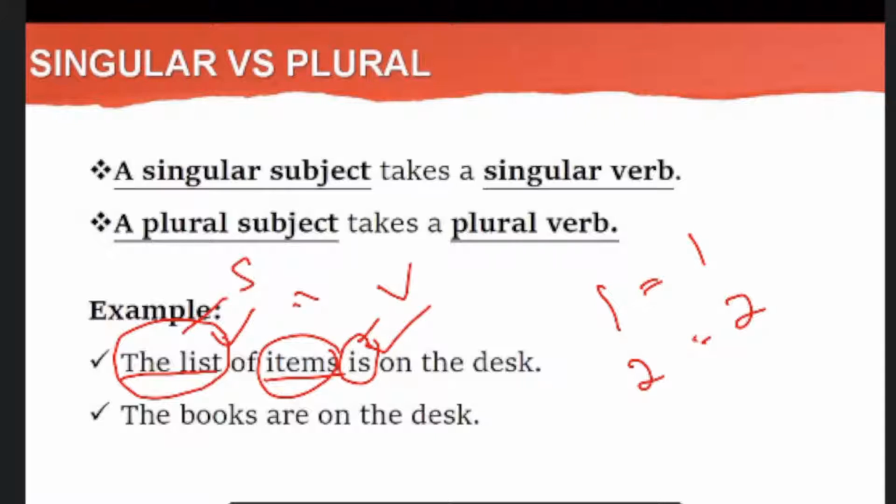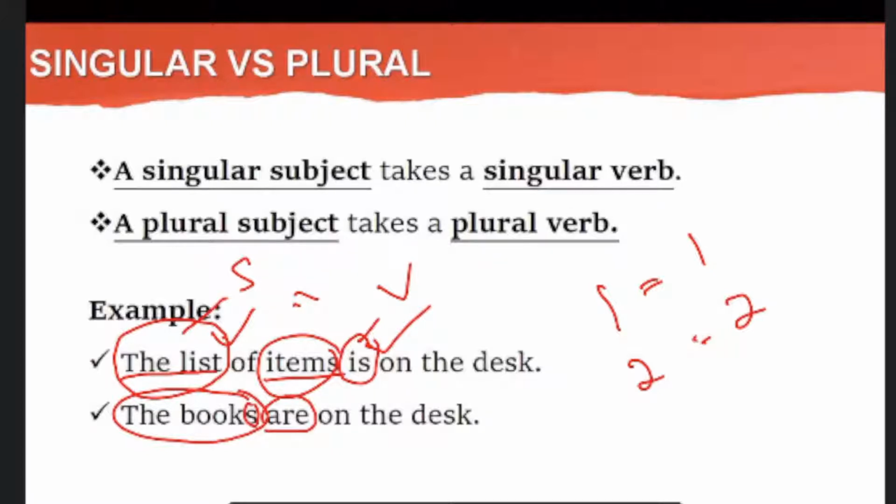And then for the second example, this one will be very clear cut. You are familiar with it. Obviously for the second sentence, the subject will be the books. And you know that when there is an S here, it indicates that the subject is in plural form. So a plural subject takes a plural verb.